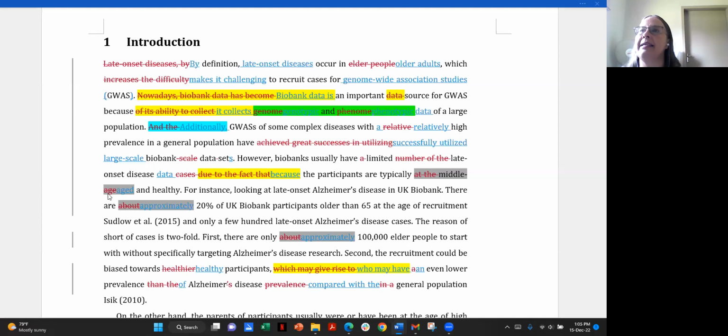The way we would say it in English is the participants are typically middle-aged. Again, I've changed about to approximately to be more formal. And here is another example where they've started a sentence with and, and the editor changed it. I've changed it to additionally.